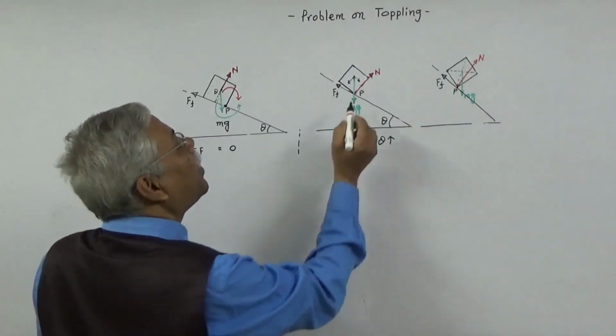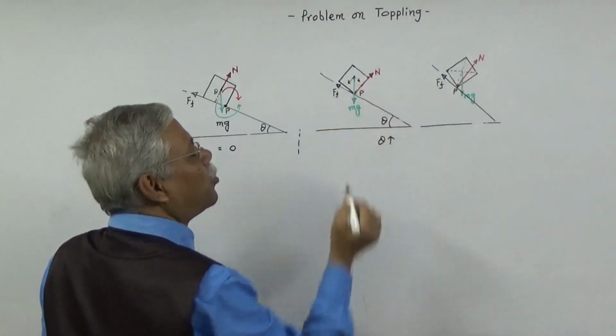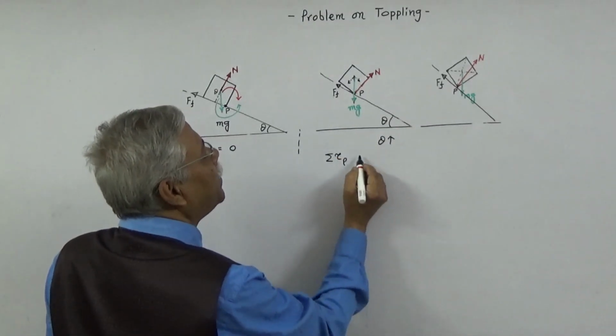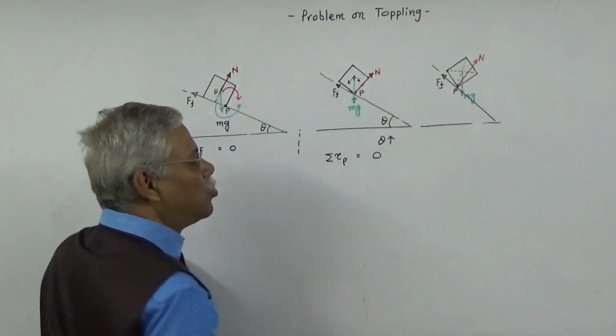So the net torque about P is 0, summation tau P equal to 0.